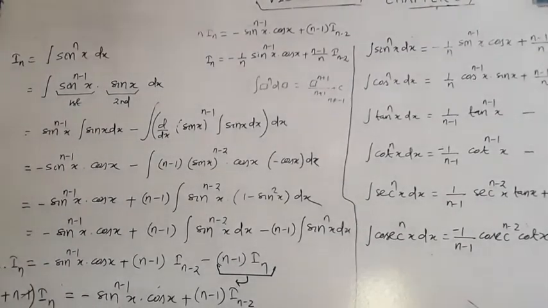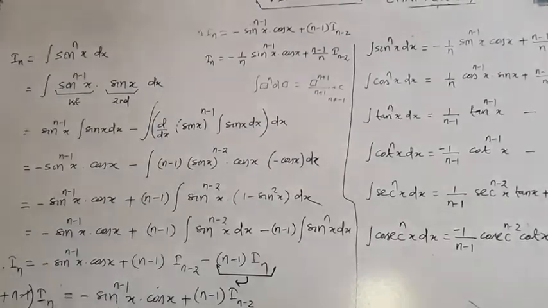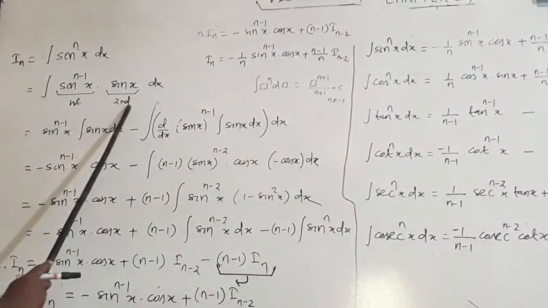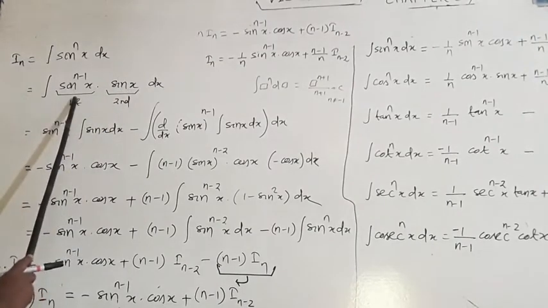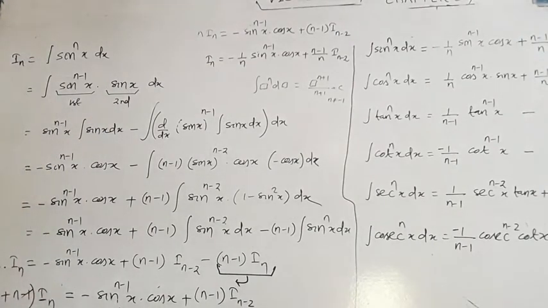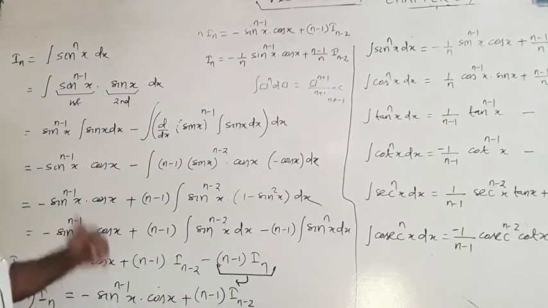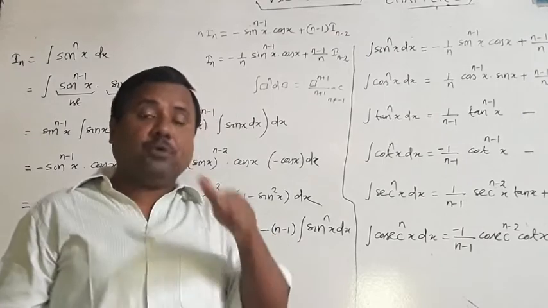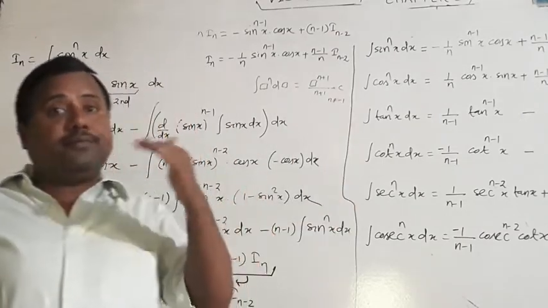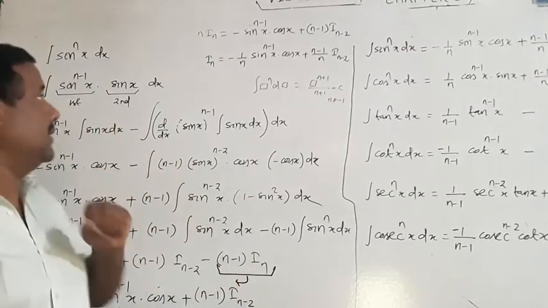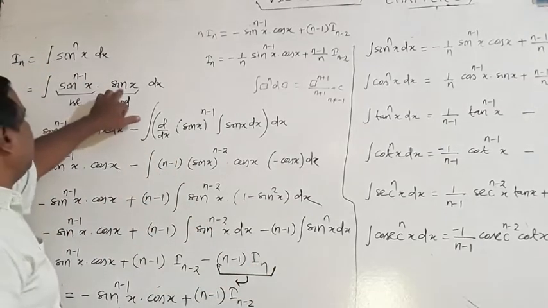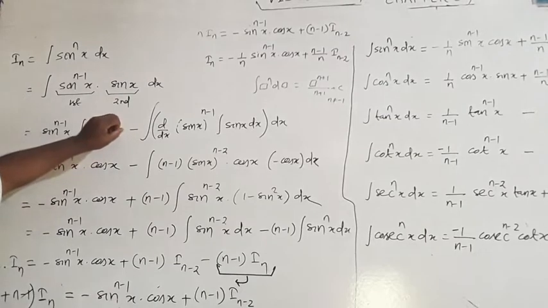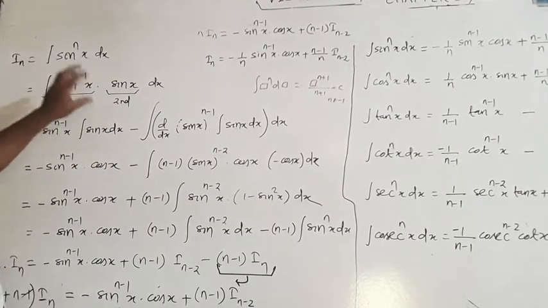Now a second question can arise in your mind. Why are you taking this as first function and this as second function, and not this as first and this as second? Mind it, my dear students. Remember, you have to integrate an easy thing, but you can differentiate a difficult thing. Sin power n minus 1, sin power n. Which one is easy to integrate?